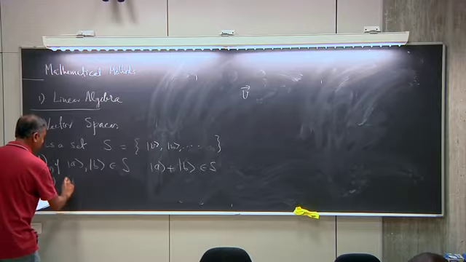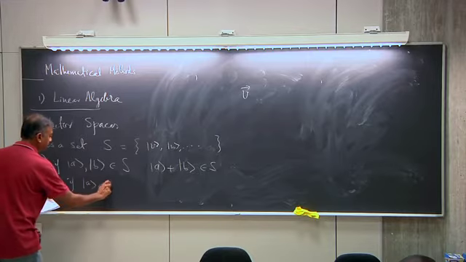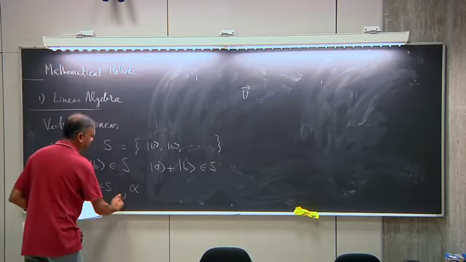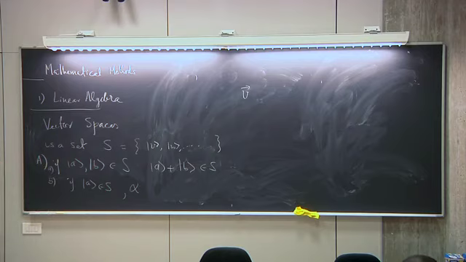If A belongs to S, and let's say alpha is some number, now this number could be real or complex. If you only allow real numbers, then you say that that vector space is a real vector space. But if you allow also complex numbers, then you say that's a complex vector space. I will always be working with the complex numbers.